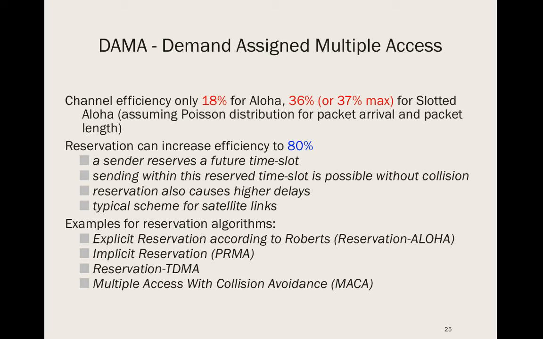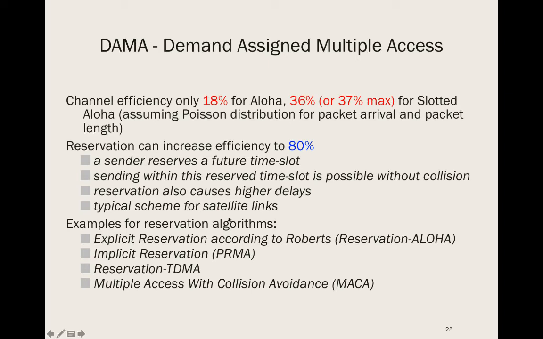It's a typical scheme for satellite links. Examples of reservation algorithms are explicit reservation or reservation aloha, implicit reservation or PRMA, reservation with TDMA, and multiple access with collision avoidance or MACA.